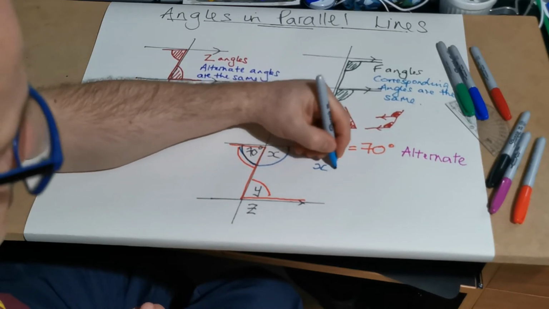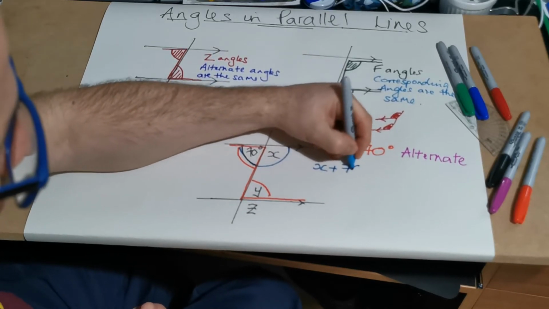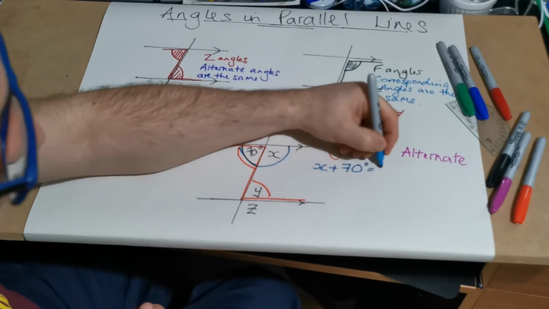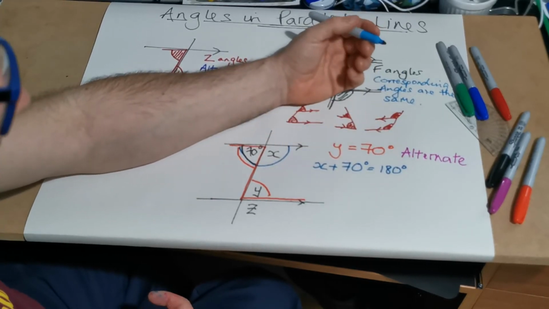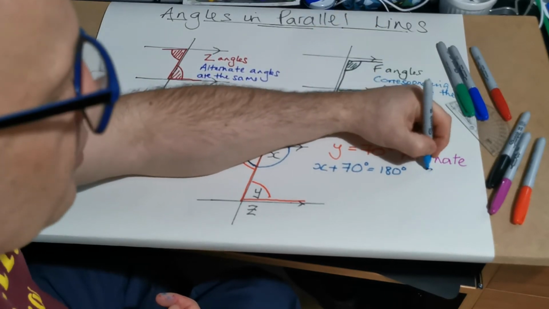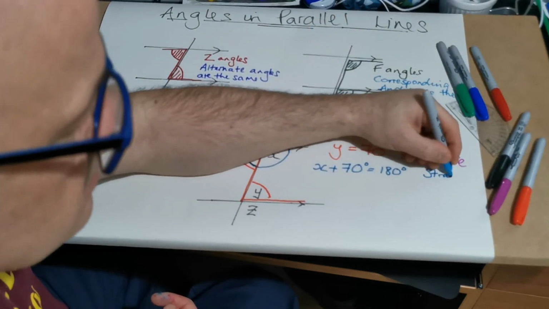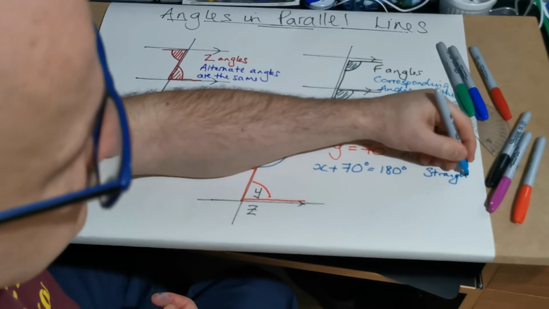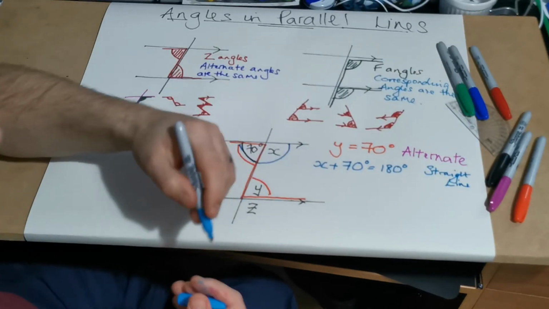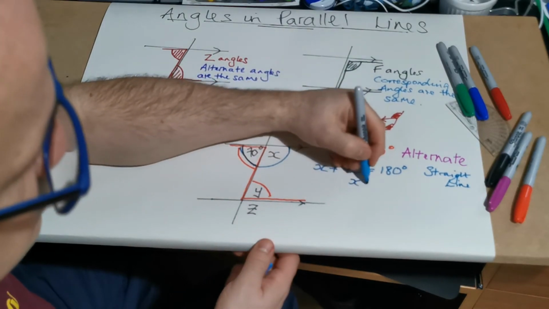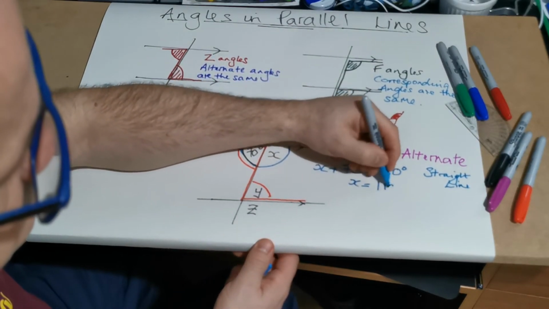So x plus 70 equals 180 degrees. You could put that they are a straight line, given the information that you know what you're doing. So that would tell me that x was 110 degrees.